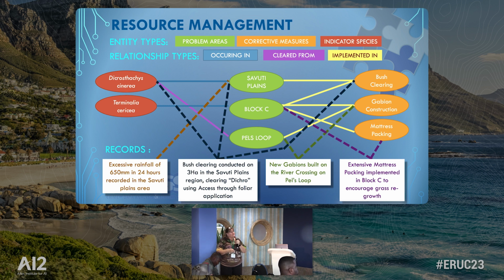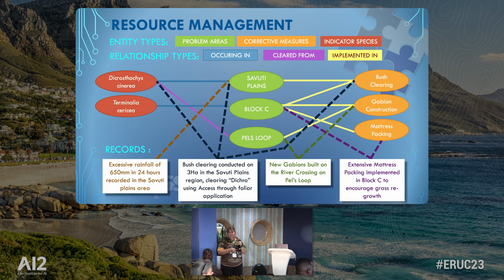We could have indicated species as an entity type, and we would then have Dichrostachys cinerea and Terminalia sericea. Then relationship types might be occurring in, so Dichrostachys cinerea occurs in Savuti Plains, or Terminalia sericea is occurring in Block C. It could be cleared from, and again, Dichrostachys cinerea cleared from Pell's Loop, or implemented in, bush clearing implemented in Savuti Plains, Block C, etc.